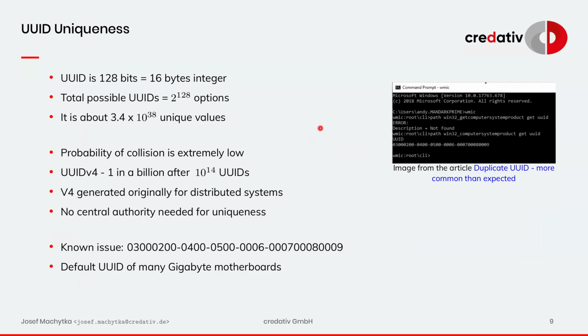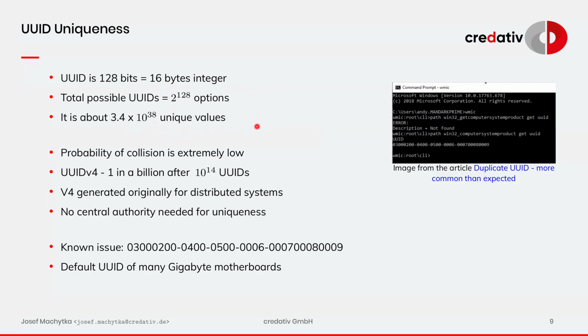A few words about UUID uniqueness. A UUID is an identifier 128 bits long, meaning 16 bytes. This means that we have 2 to the power 128 options, which is roughly 3.4 times 10 to the power 38 unique values.